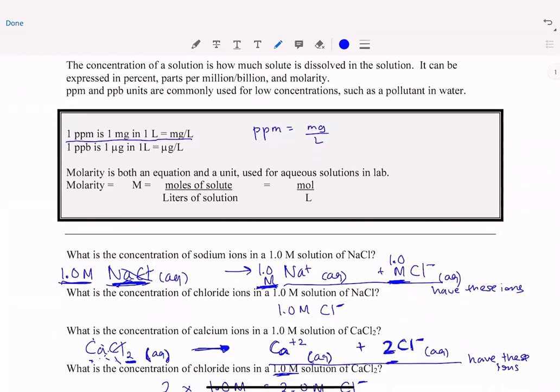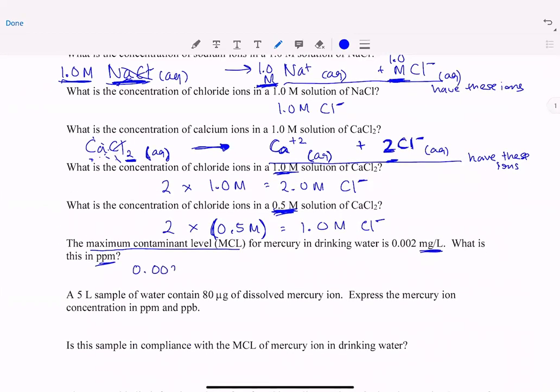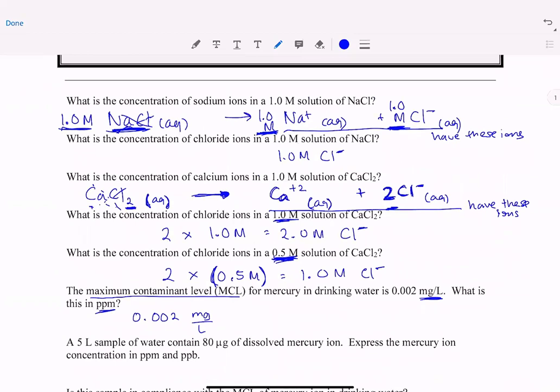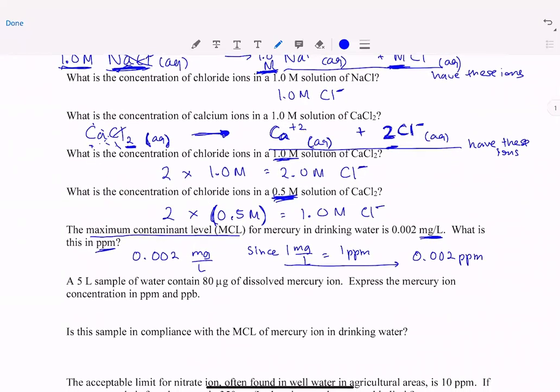And so if we want to take this 0.002 milligrams per liter, well, since 1 milligram per liter equals 1 part per million, that means that we can write that this is 0.002 parts per million.